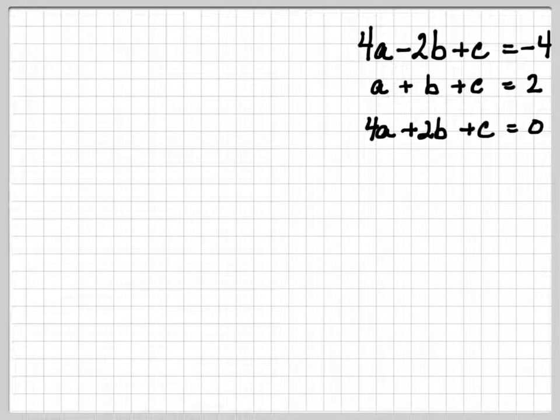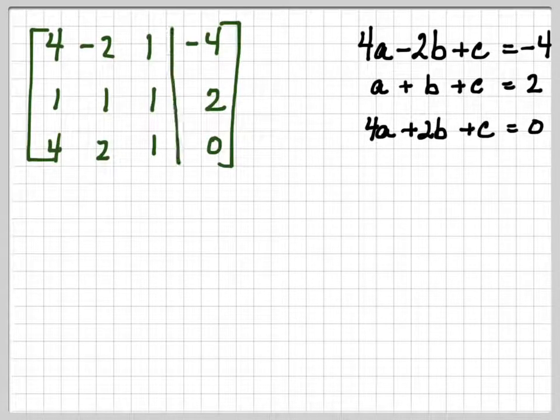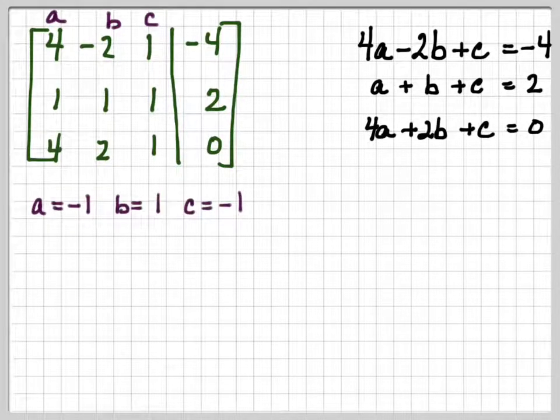Sorry about that. And then I'm going to write my 3 by 4 augmented matrix. And from there, you know how to manipulate this. And when you do, remember that the first column is A, the second column is B, the third column is C. And when you work this out, you get A equals negative 1, B equals 1, C equals negative 1.